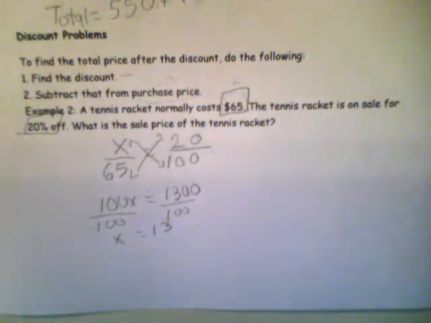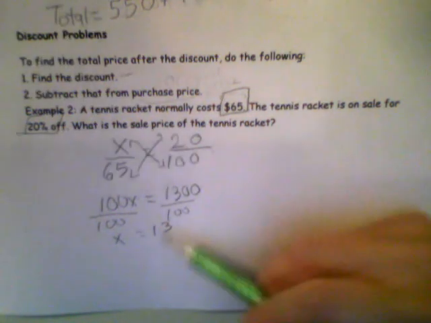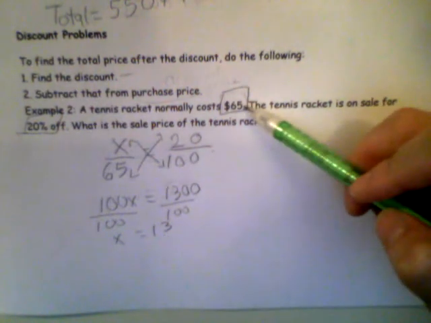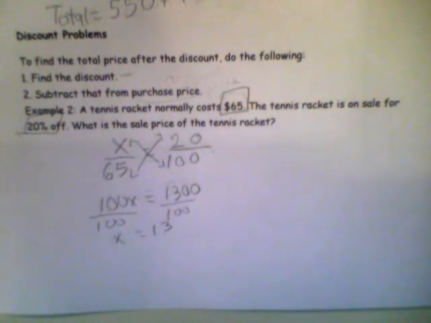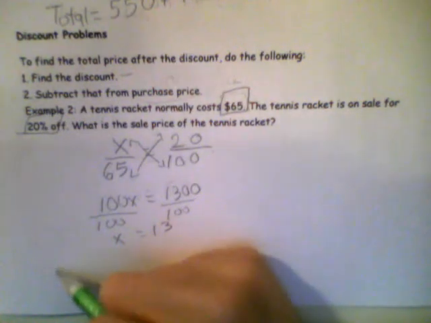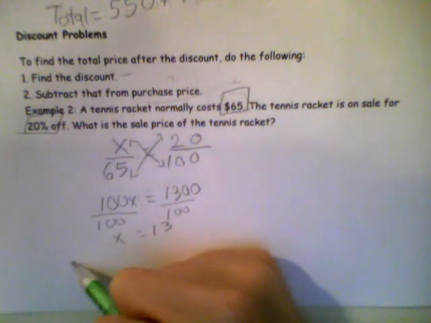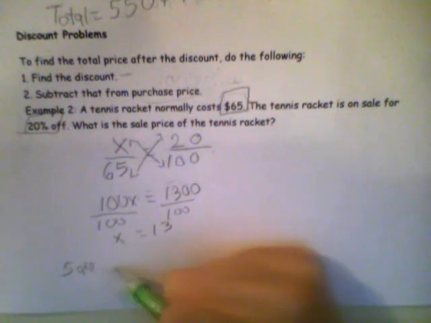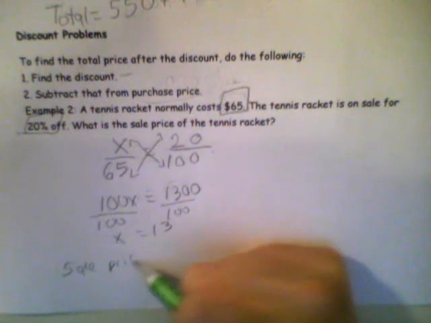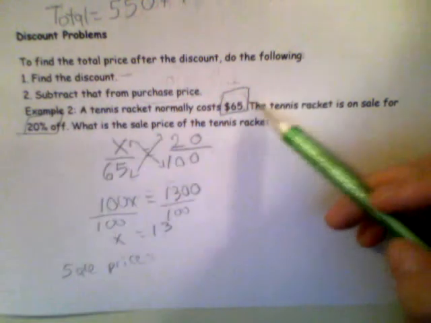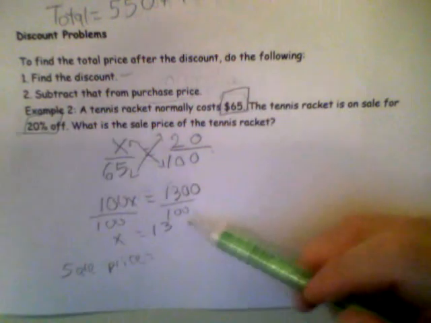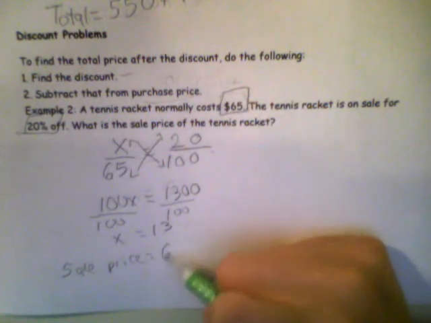Now, I can't stop there. All I did was find my discount. To find my sale price, I have to subtract my discount from my purchase price. So here, instead of adding, I'm going to be subtracting. So my sale price is just going to be 65 minus my discount, which is 13.